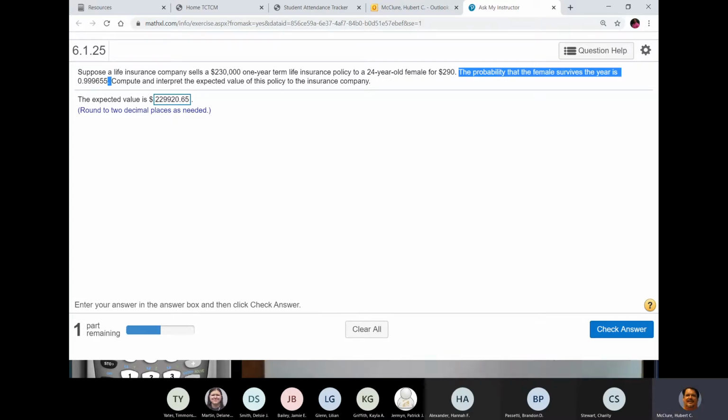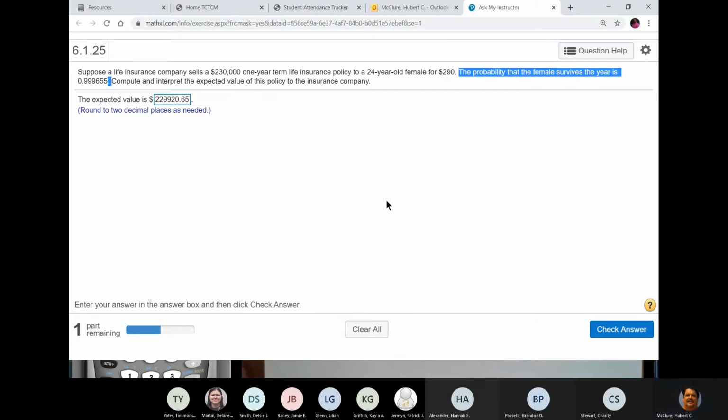Well, technically, since it's negative, it's going out of the insurance company. They'll be giving her a check. And that check is going to be, in their eyes, $230,000. But in the insurance company's eyes, they've already got $290 of that money. Everybody with me? So technically, on paper, the insurance company owes her $229,000.